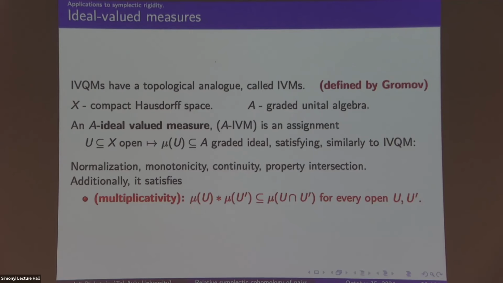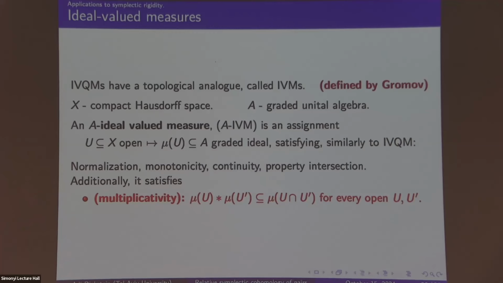We take a stronger axiom called multiplicativity, and we just omit the assumption of the commuting.